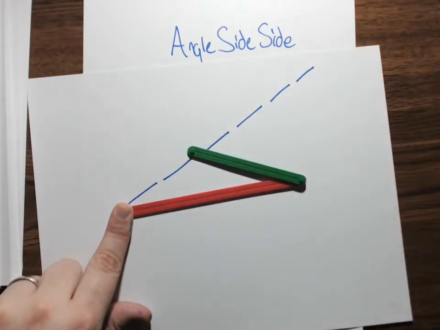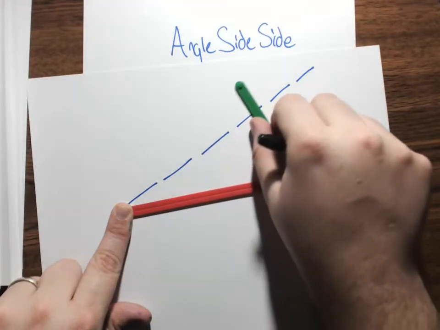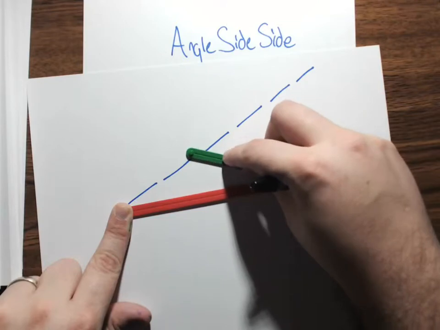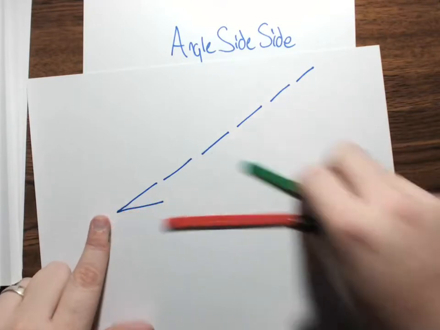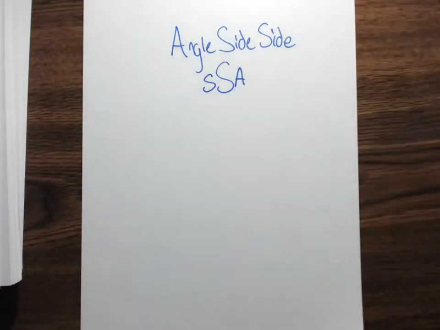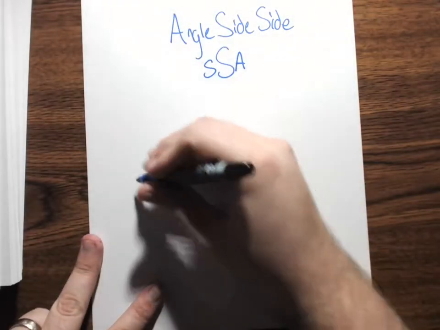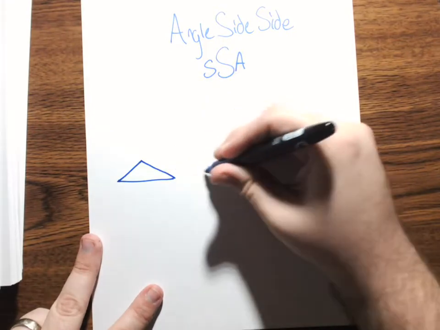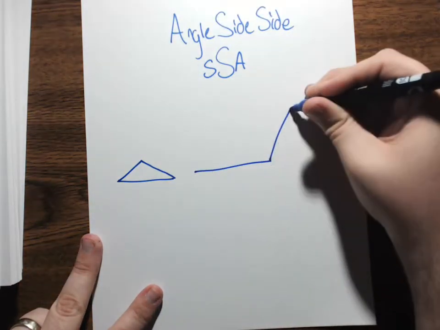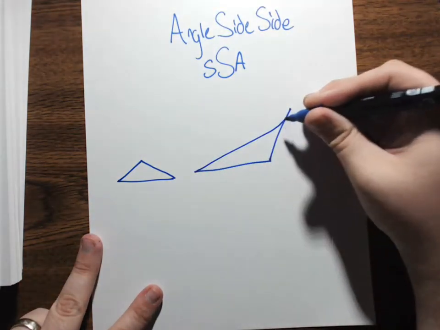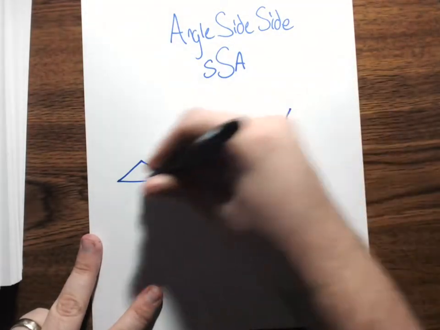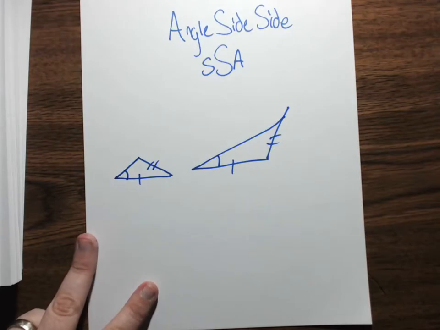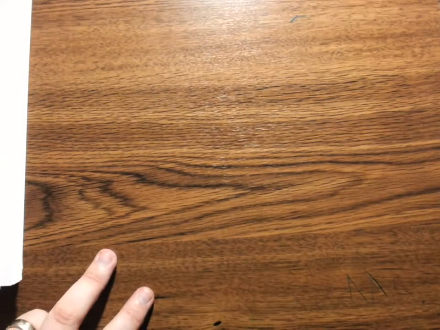There are two different triangles that use the same two sides and one angle. We don't know which one it is. And so because of that, it does not work. So when we look at side, side, angle, they just don't work. And that's the idea.